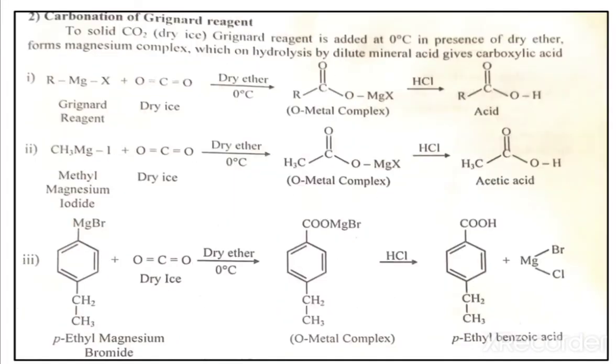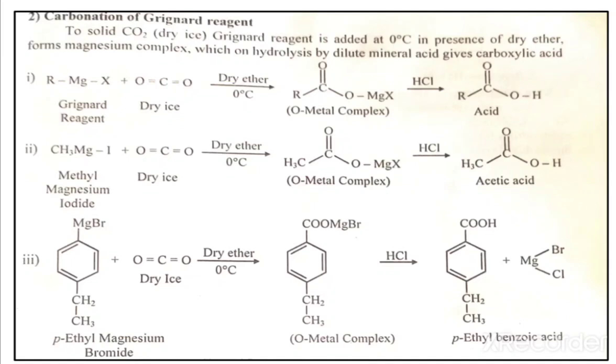So friends, this is a best method to prepare carboxylic acids. In today's lecture, we discussed the first method, that is by hydrolysis of ester. In hydrolysis of ester, there are two methods: acid hydrolysis and alkali hydrolysis. In acid hydrolysis, if we take an ester molecule and it undergoes hydrolysis with H2O in presence of H2SO4, we get the carboxylic acid.